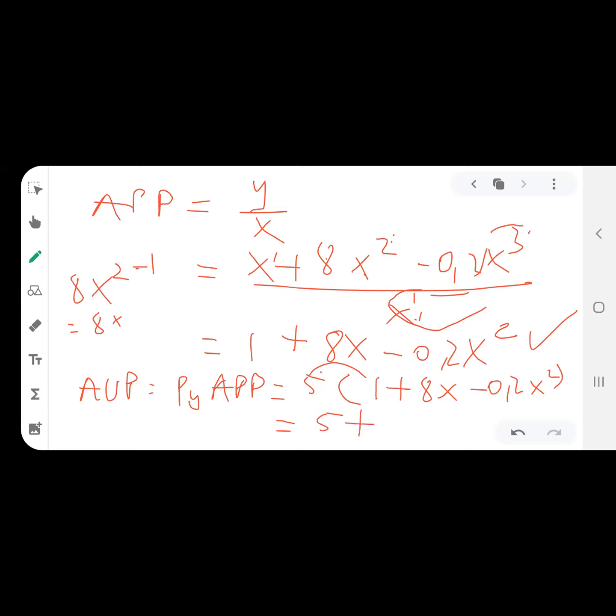What is 5 times 8? It's 40. 40x, minus 5 times negative 0.2. 5 times 0.2 is 1. And then 1x squared. So this will be the formula for calculating AVP. So you have derived AVP. Do you guys follow?